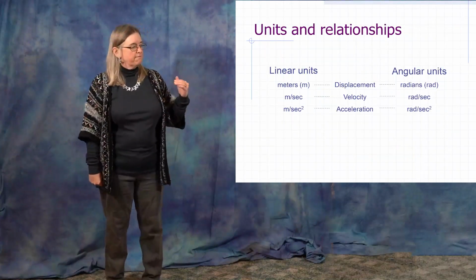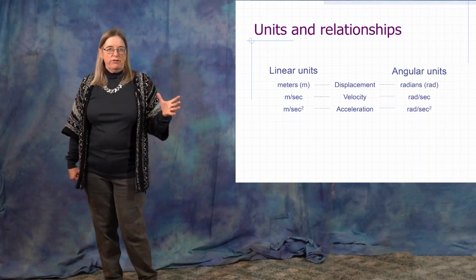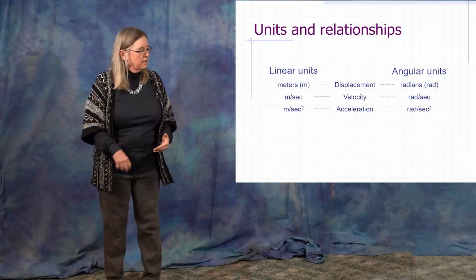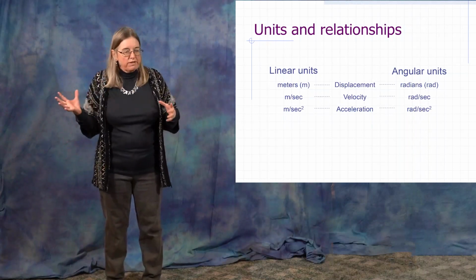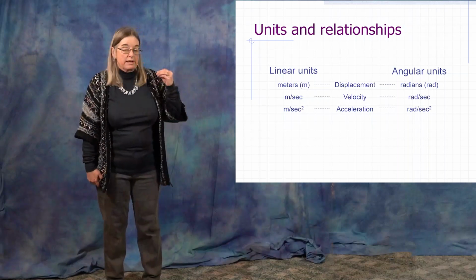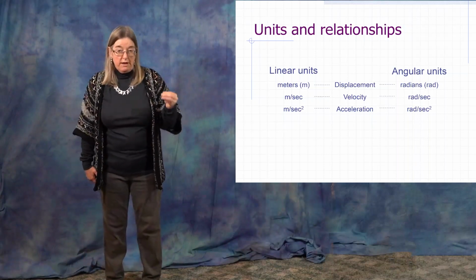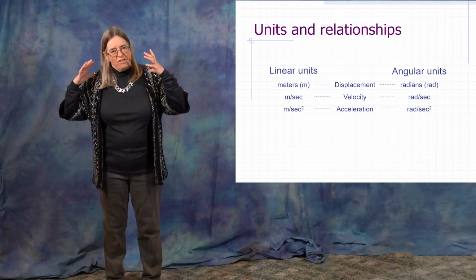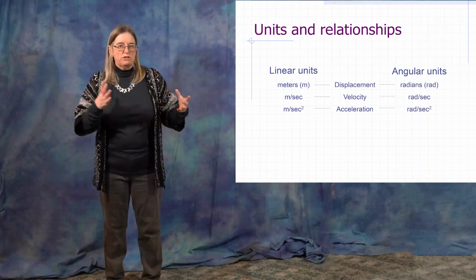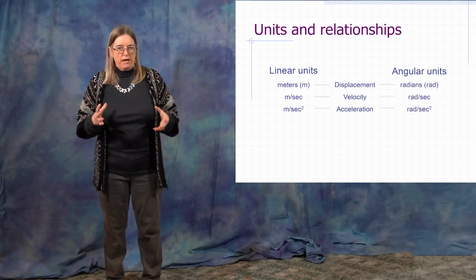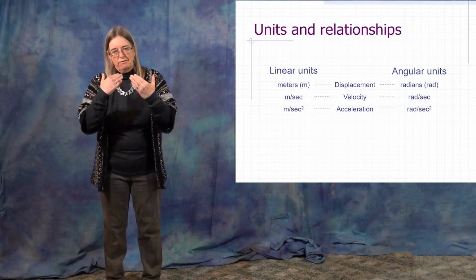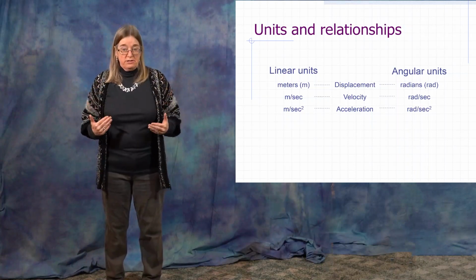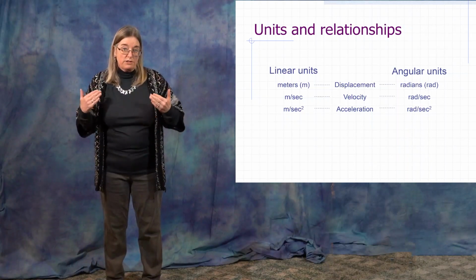So we have linear units of meters per second squared, and we have the angular equivalents of radians per second, and radians per second squared. You'll note that I've got all of the angular measures here in radians, because for the kinds of calculations that we're going to be doing now, where we're actually putting an angular measure into, for example, Newton's second law, your angular measure has to be in radians.